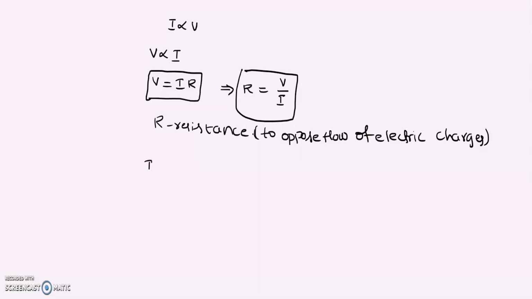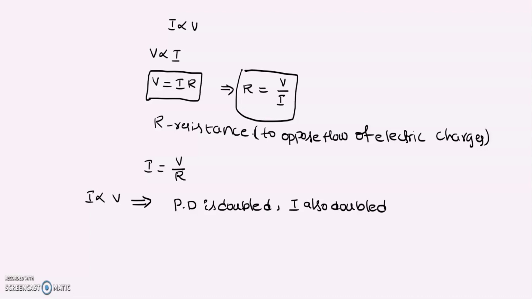So the current I is equal to V by R. It is obvious from the relation that the current is directly proportional to potential difference. If the potential difference across the ends of the conductor is doubled, the current I is also doubled.